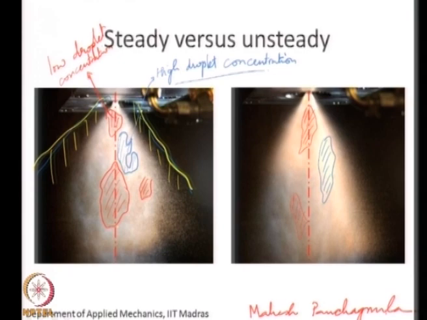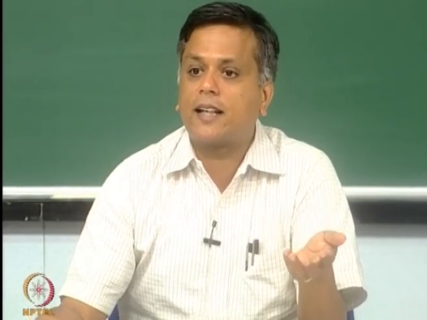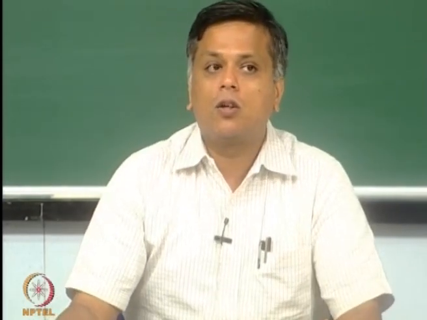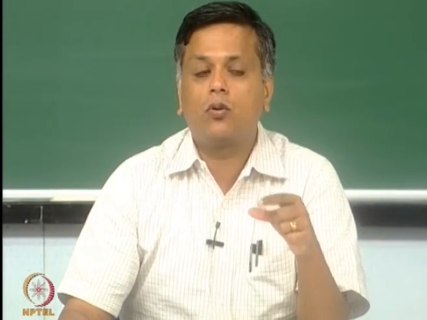So, if this same spray was inserted into, let us say, a gas turbine combustor, these rich and lean spots would cause fuel vapor rich regions and fuel vapor lean regions in the combustion zone.